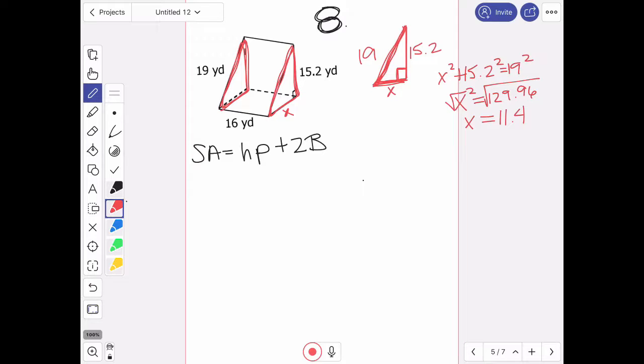So now that I know that this side is 11.4, I can use that to find my base area. So my base area is 1/2 times 11.4 times 15.2. And so my base area turns out to be 86.44. Okay? Not 44, 64, my bad.